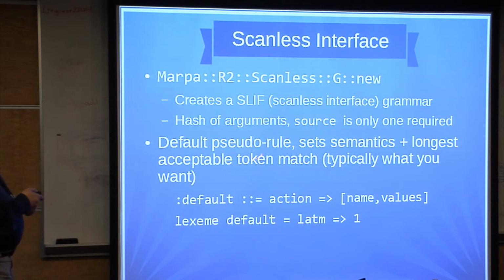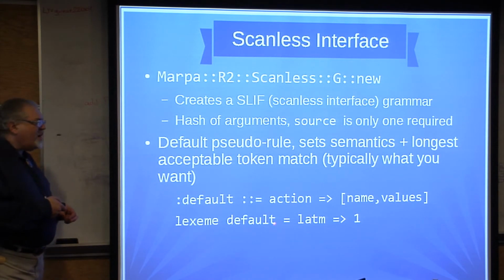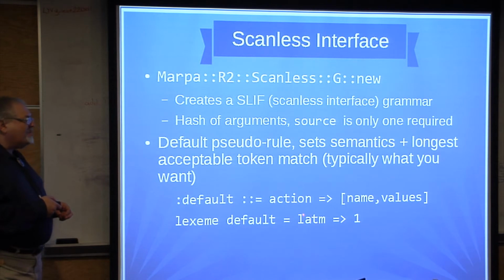And then we have the default pseudo rule we showed you. That just sets the semantics and the longest acceptable token match. So you saw that. And that's typically what you want. It's historical, basically. There was a time when it was not felt to be so good to have the longest acceptable.